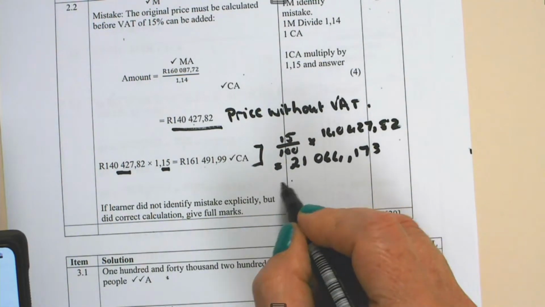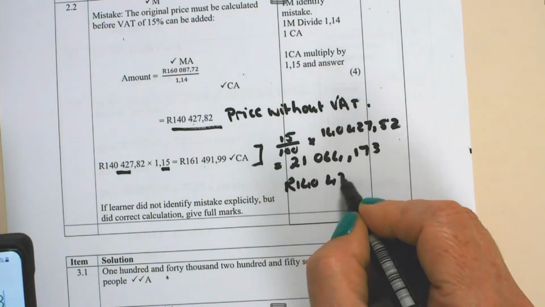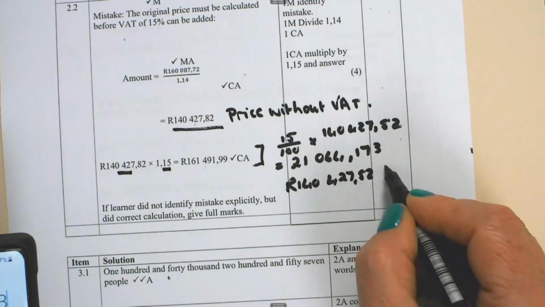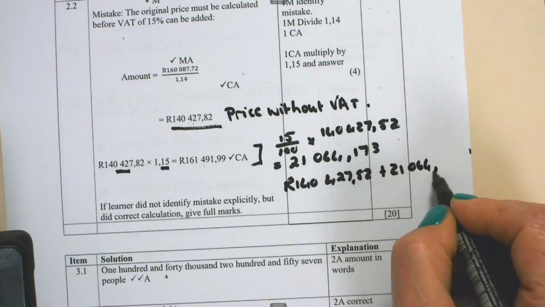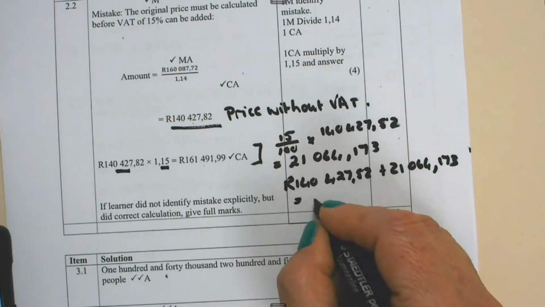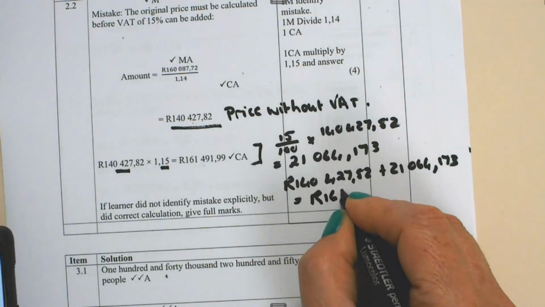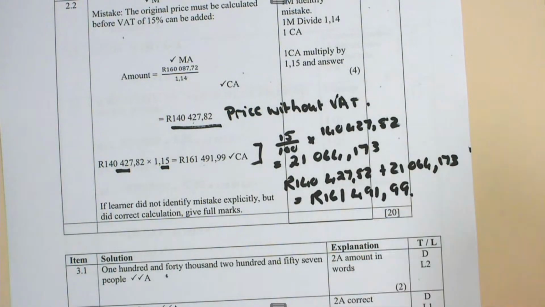And then you add 140,427 rand 82 plus the 21,064.173. If I add that to that original price, which does not have any VAT in it, you will get exactly the same answer of 161,491 rand and 99 cents.